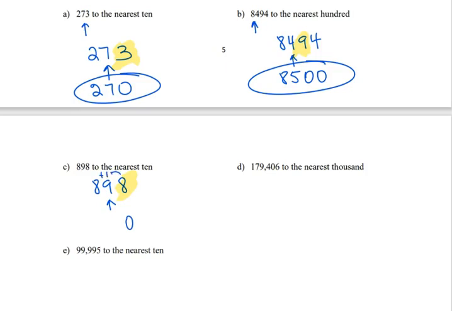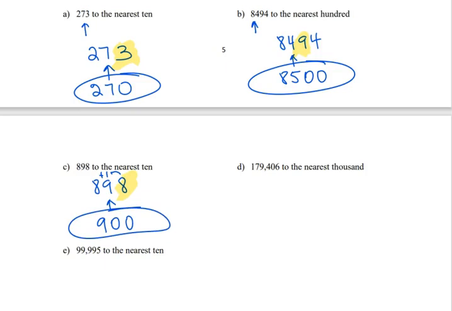So 9 becomes a 10, but I cannot put a 2-digit number in a 1-digit place. So I put the 0 here and roll over that extra digit to the first 8. Even though it says round to the nearest 10, because the original tens place had a 9 in it, when we round up, we have to spill over to the hundreds place. Okay, so that's our answer.